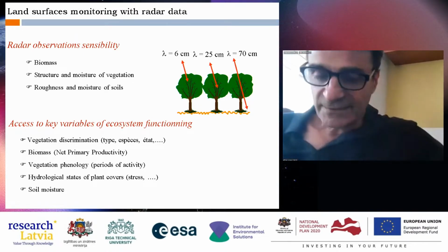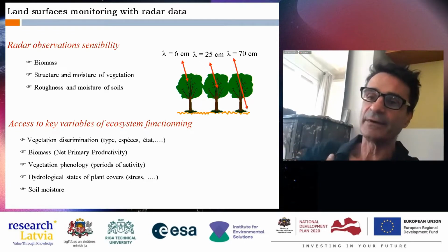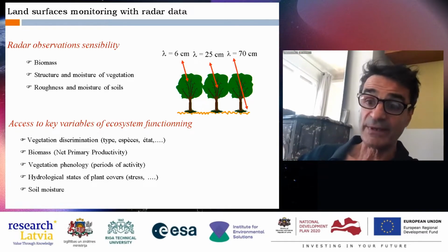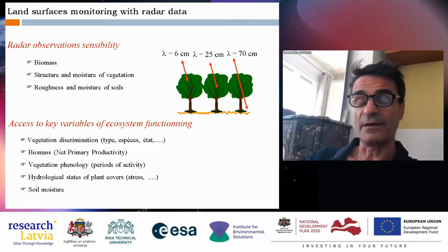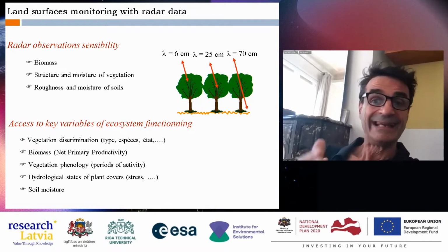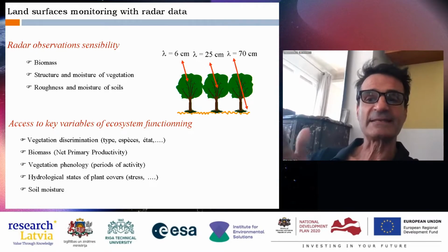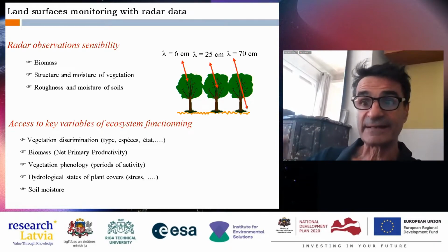Sometimes you can find some published studies which estimate biomass with optical data. It is possible, but this is an indirect correlation. Optical data is not directly sensitive to biomass.